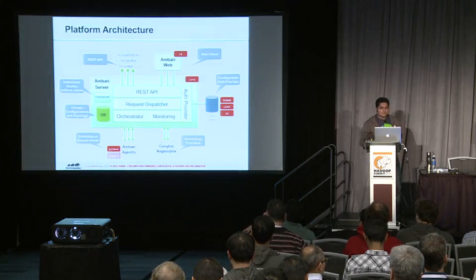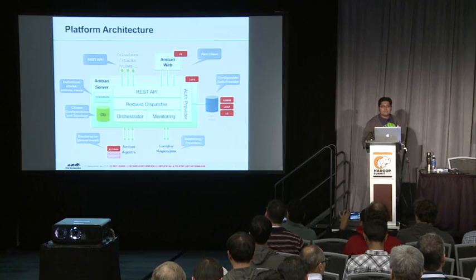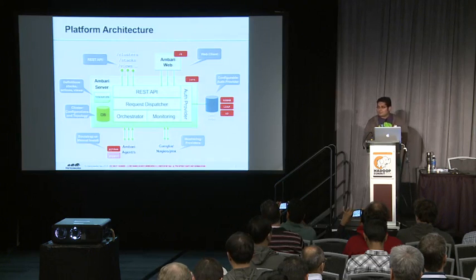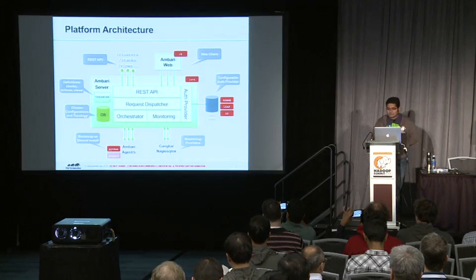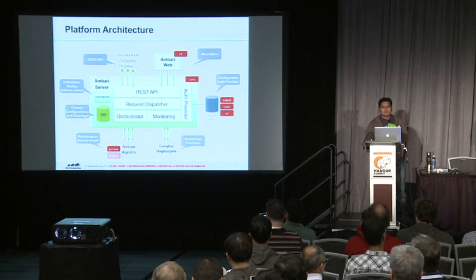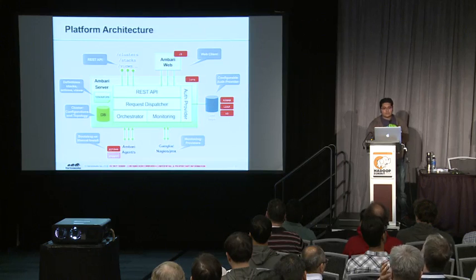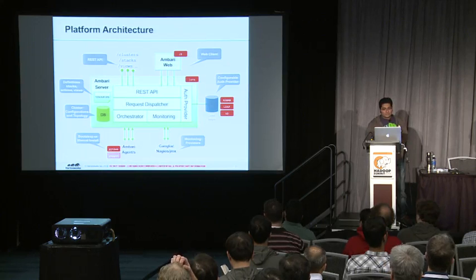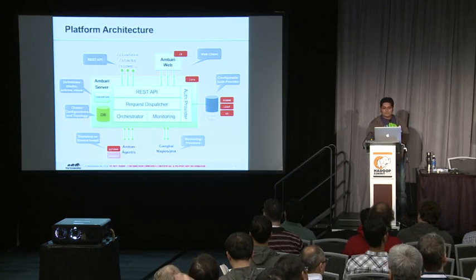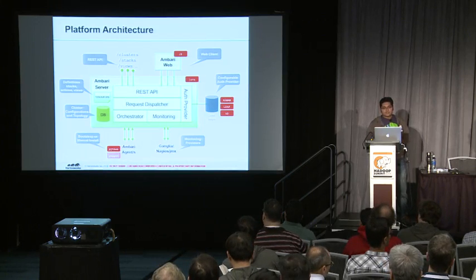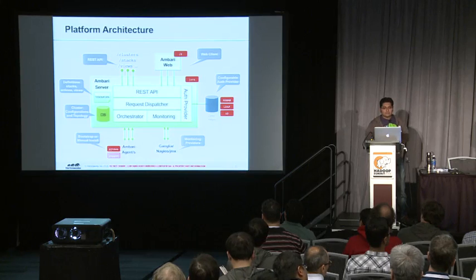A quick look at the architecture of Ambari. We have shown the slides a few times, but for the newcomers, it's good to look at it quickly. We have Ambari agents, which are Python agents that run on managed hosts, talking to the Ambari server. The server is actually shown here in multiple layers. Some of the key layers are the orchestrator, which is the state machine and is responsible for changing state of all the managed hosts.